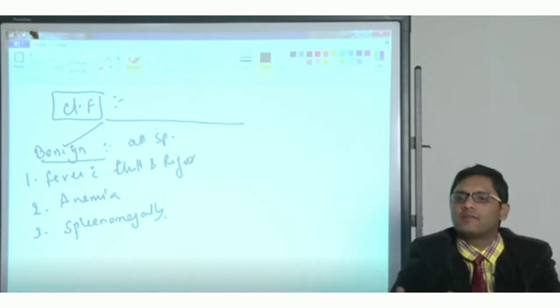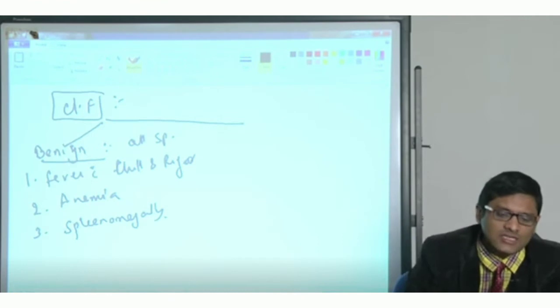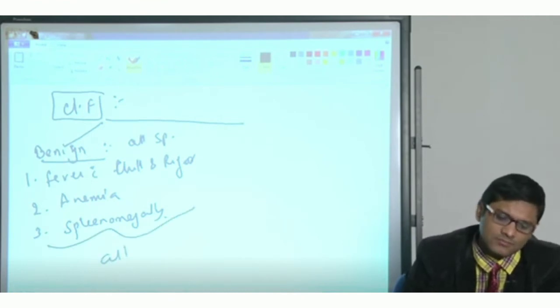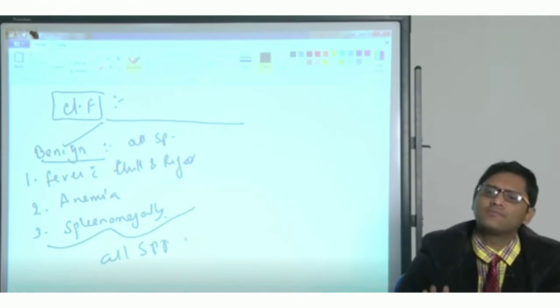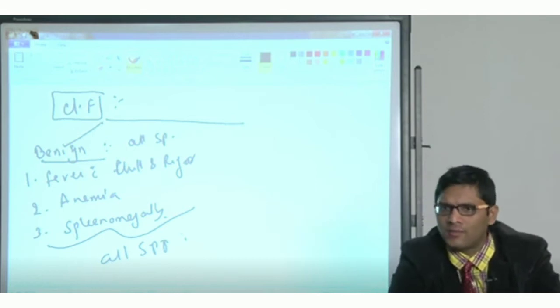As a result, the spleen will enlarge in size. This is seen in all species, because these are the features of benign malaria.